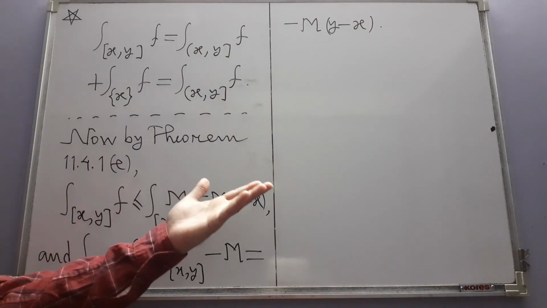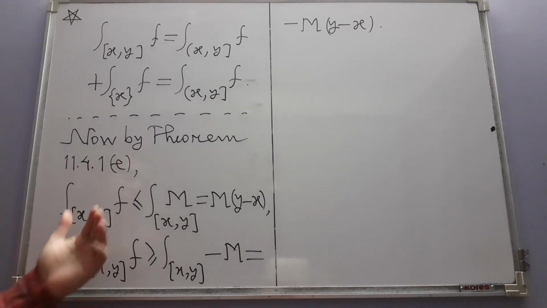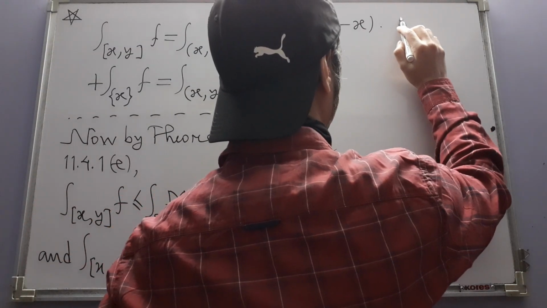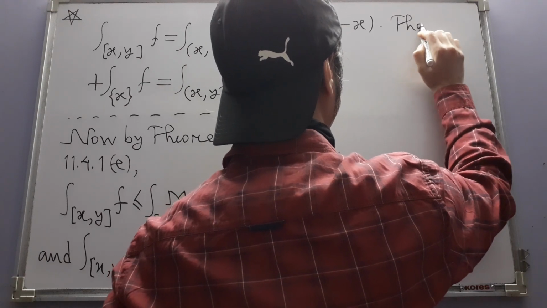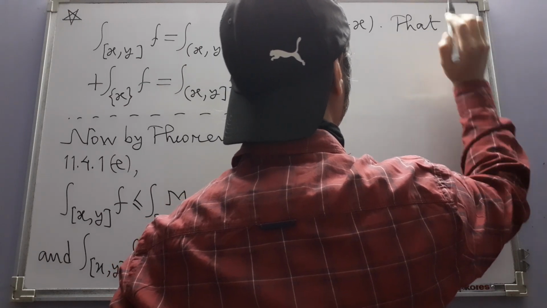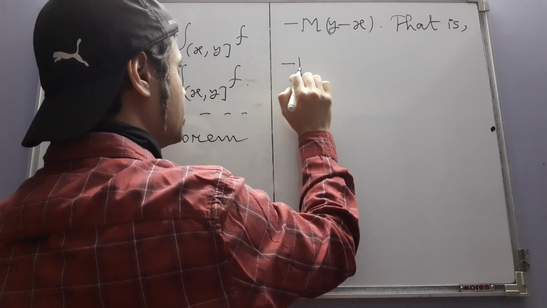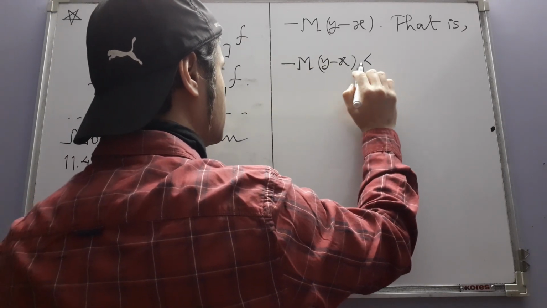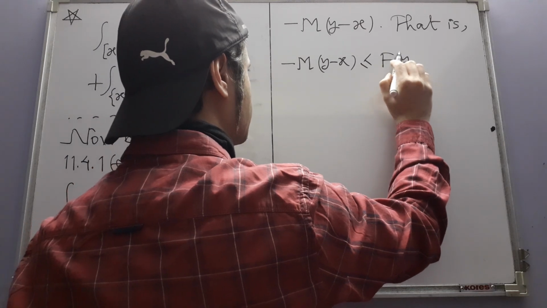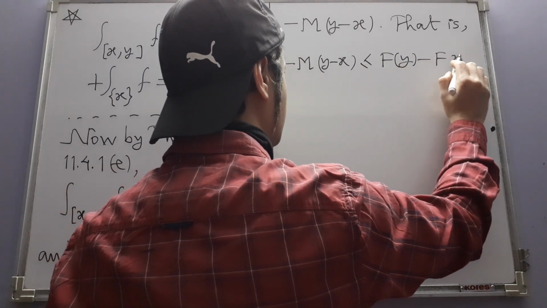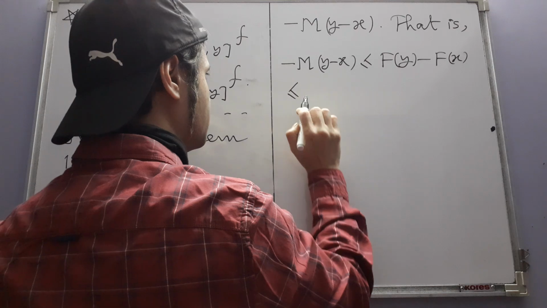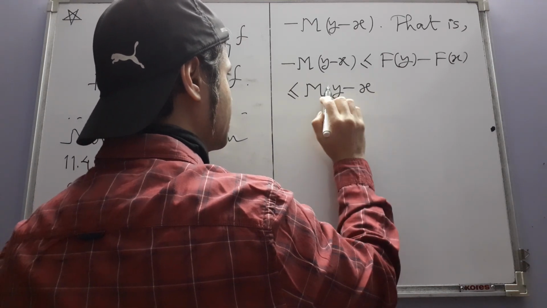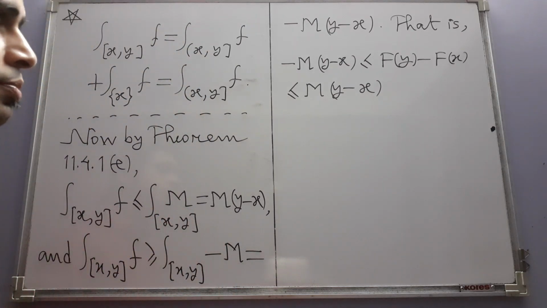However, we just now calculated that this integral is capital F of y minus capital F of x. That is, minus m times (y minus x) is less than or equal to f of y minus f of x, which is less than or equal to m times (y minus x).